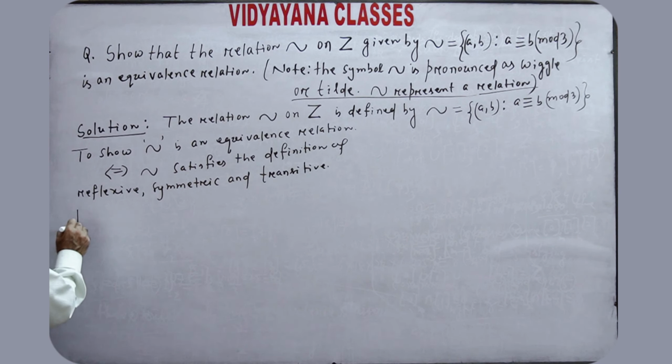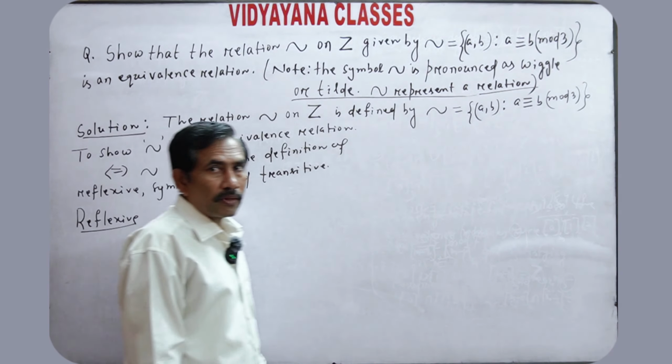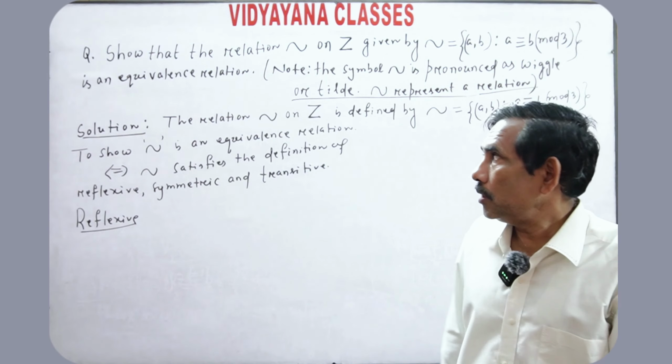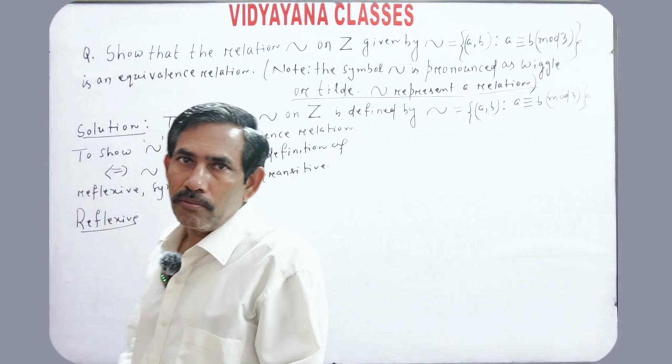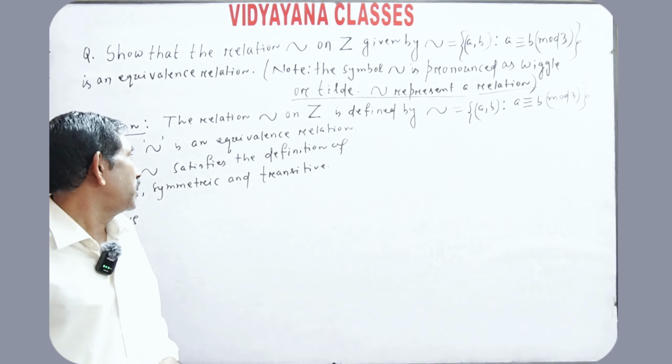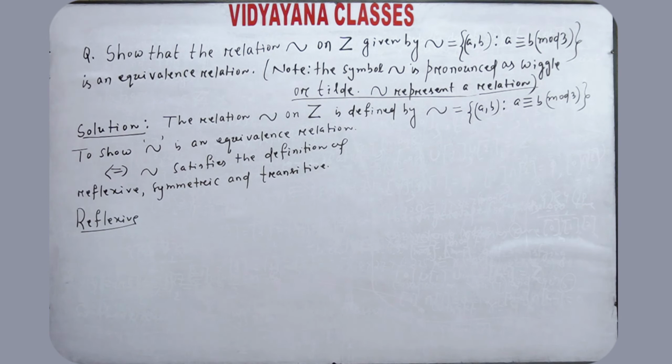Test for reflexive. We have to show wiggly is an equivalence relation. That means wiggly satisfies the definition of reflexive, symmetric and transitive.